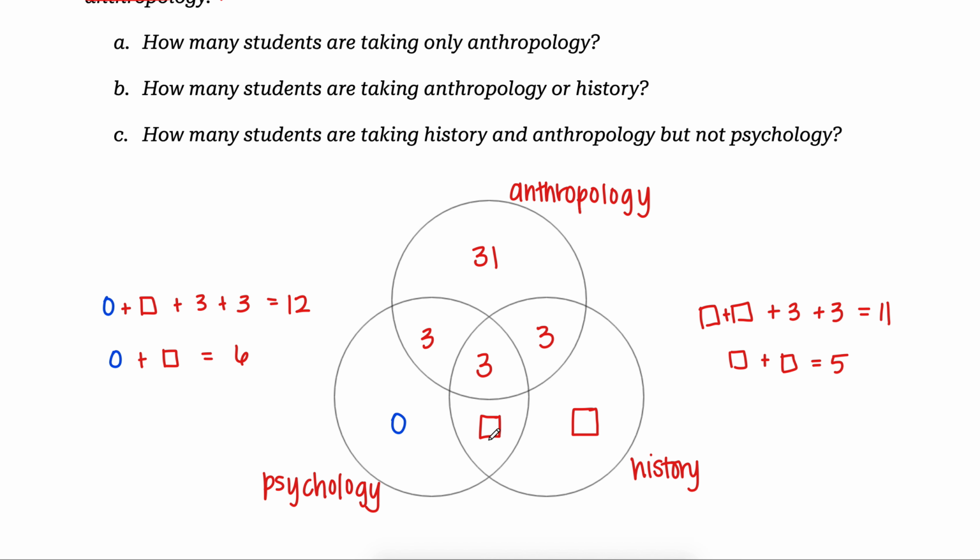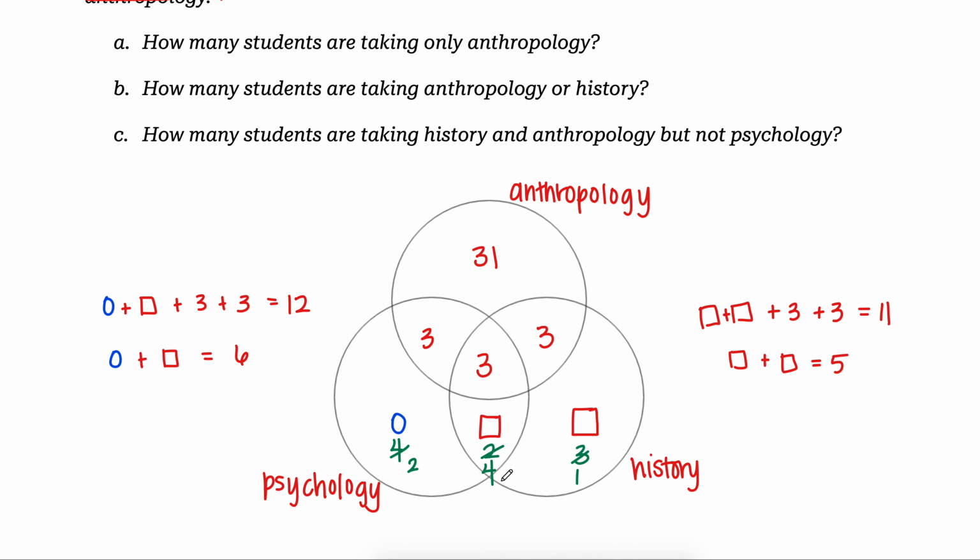So for instance, if this is a 2, this needs to be a 3, and this could be a 4. But the number here in the middle, instead of being a 2, could be a 4, and that would mean that this is a 1 and this is a 2. We don't know for sure what these numbers are, and we actually don't need them to answer the questions, but if it's helpful for you, just throw in some numbers that work.